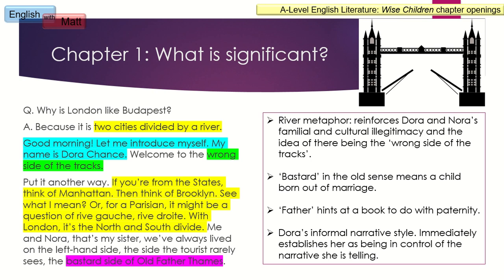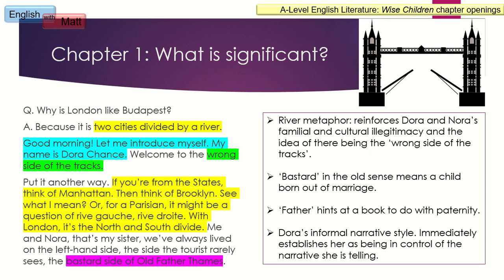So when we get mention of things like the wrong side of the tracks, it isn't necessarily as much to do with which side of the River Thames you are on. It's more to do with the fact that they are using that as a metaphor to say that both of them feel on the illegitimate side of the Hazard family.